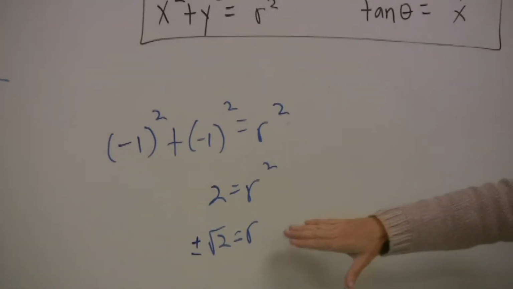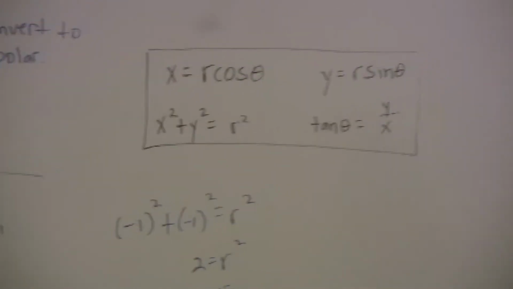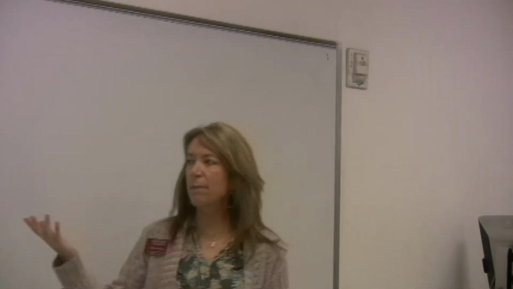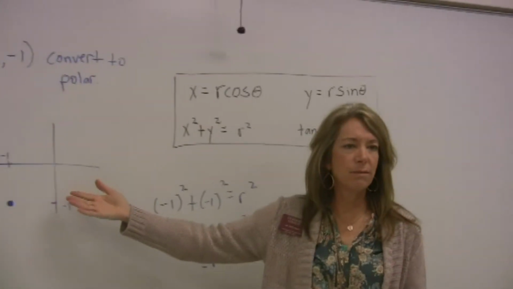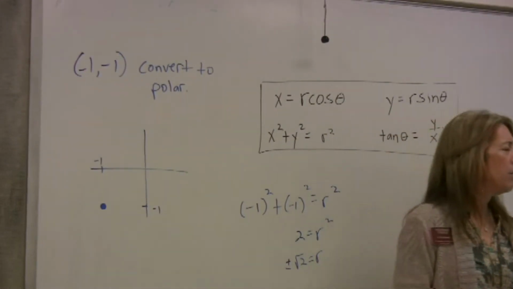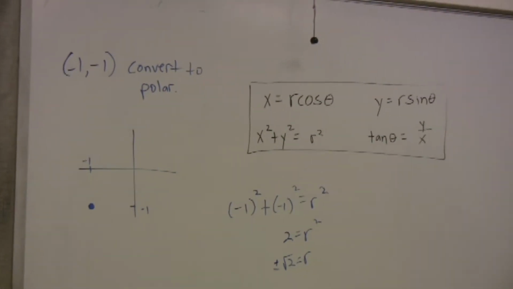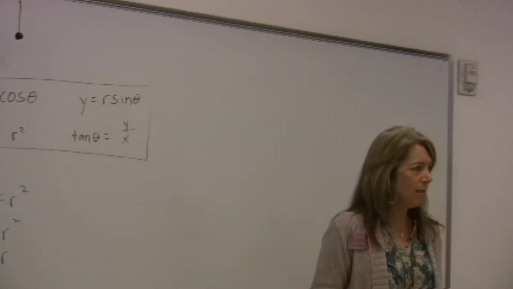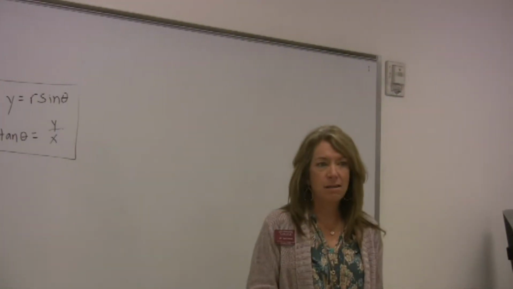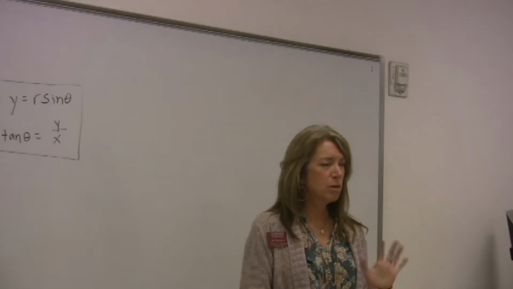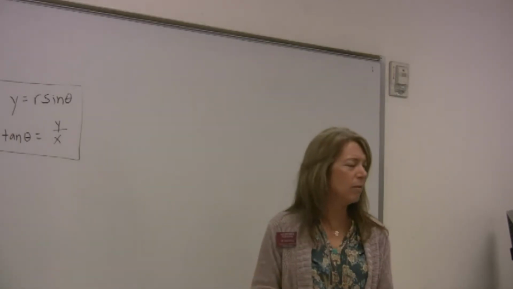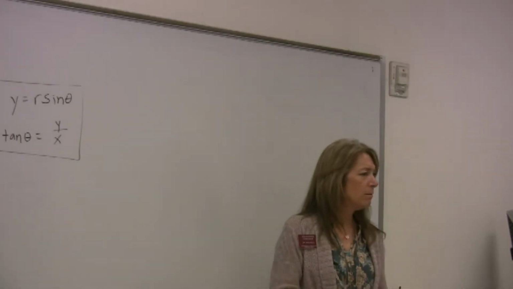So we have r. We also need theta. Now, we just talked about that we knew it was 45 degrees. But what if it wasn't 45 degrees? What if you couldn't tell? Like if it was at (-7, -8), not a nice angle that I know. Let's make sure that besides recognizing it, we know how we could find the angle.